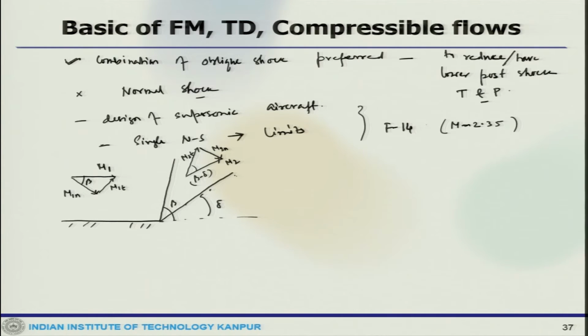So, we take this figure where delta is the flow deflection angle, and beta is the shock inclination angle.